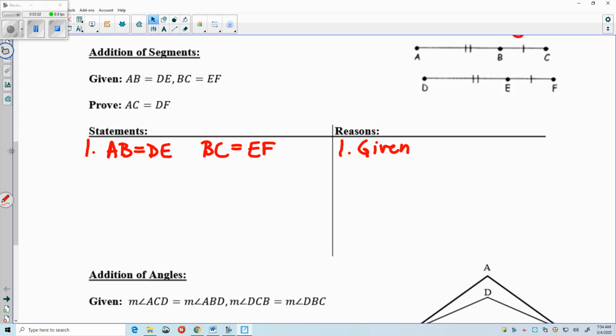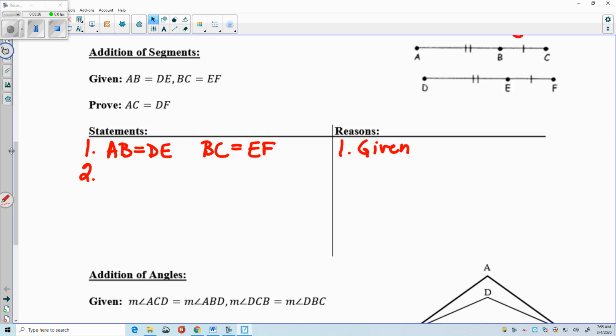I already have it marked on your picture, but if it wasn't marked, I would make sure that you go and mark it. So we see that AB is congruent to DE, and BC is congruent to EF. I want to prove the two segments are equal to each other. The very first thing, I always tell you, when you're doing a proof, use what you have given first.